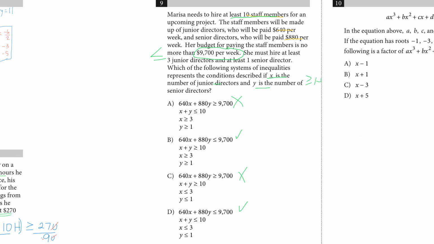So I'm looking for something that has greater than or equal to 10. This one has greater than or equal to 10. This one doesn't, so it can't be that one. So I've already ruled this one out, this one out. I don't really need to read any further because I know the answer has to be B. Process of elimination.